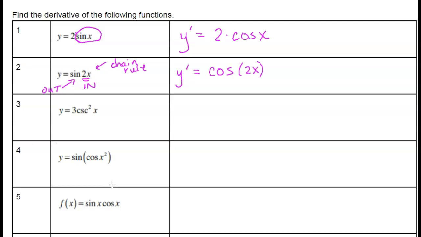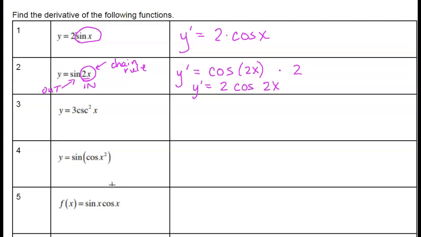You don't really need parentheses, but I just like to put them there. Okay? The inside is never going to change. Times the derivative of just that 2x, because that's the inside, which is 2. And so we usually like to put that 2 in front because I can't change the inside. So we get 2 cosine of 2x. It's a double angle formula, but we don't change it.